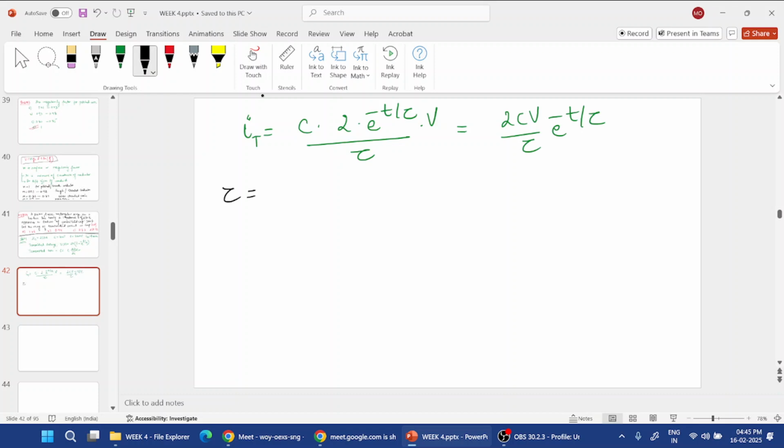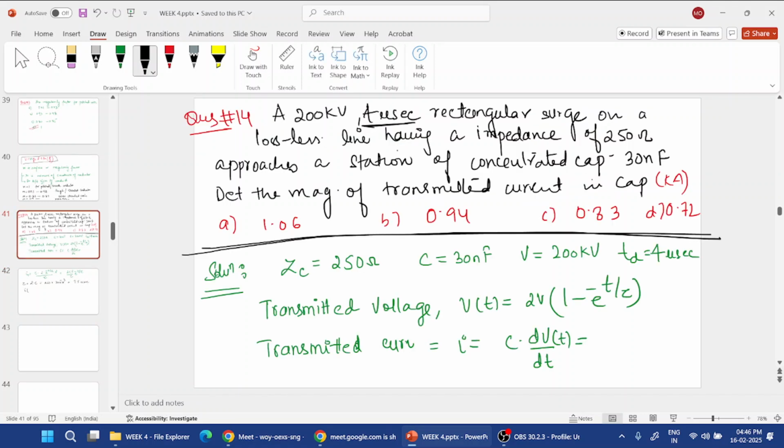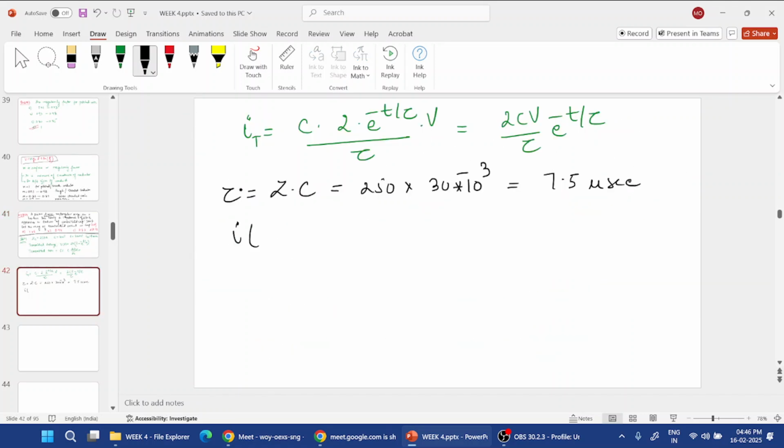Here tau is equal to Z into C, which is 250 into 30 nanofarad, and comes out to be 7.5 microsecond. After that we have to calculate i_t at t equal to 4 microseconds, because it is given that a 4 microsecond rectangular surge is going on.